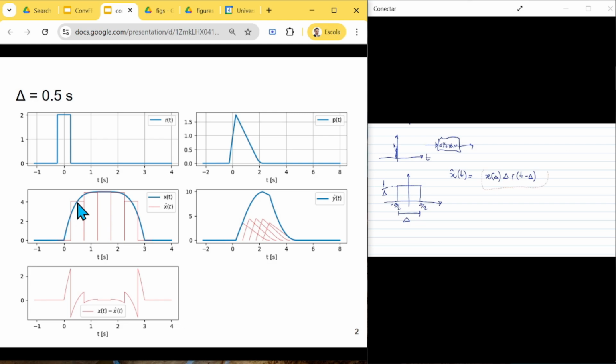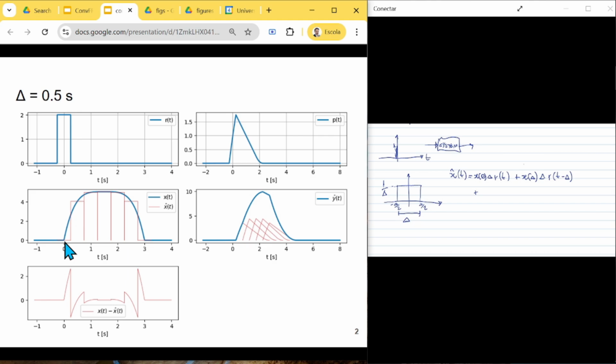We can do this for the preceding one, the prior one as well. It's x of 0 times delta times r of t, which in this case, the x of 0 happens to be 0, but it's not always the case. So let's consider this guy here. So the next one is 1 delta to the right. So then 1 more delta to the right.